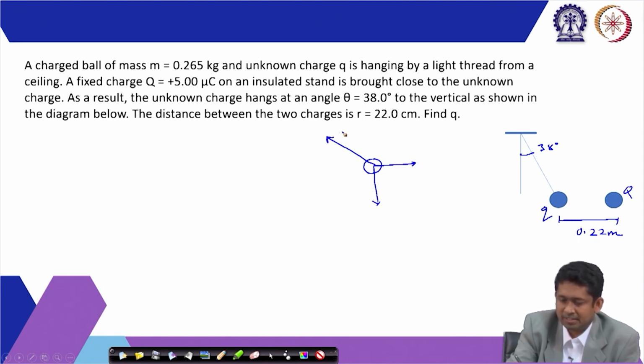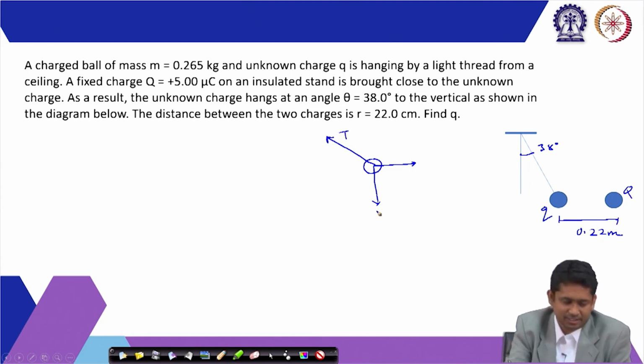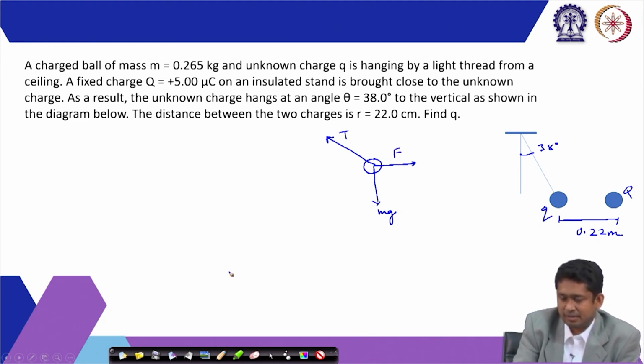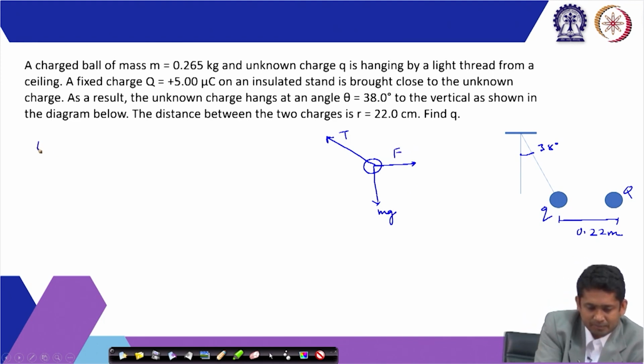It experiences tension T, it has its own weight mg, mass into acceleration due to gravity, and here I have a force F. Now, the magnitude of the force F is qQ by 4 pi epsilon 0 r square.